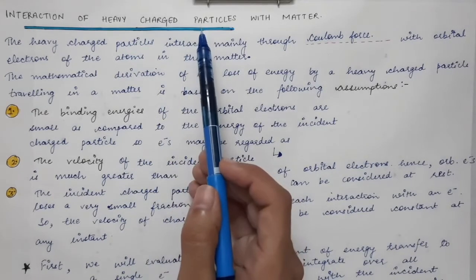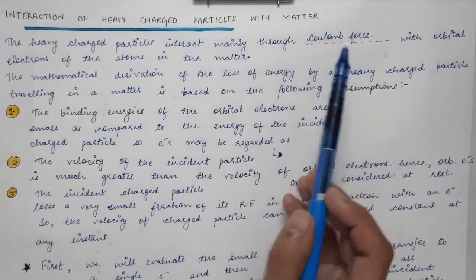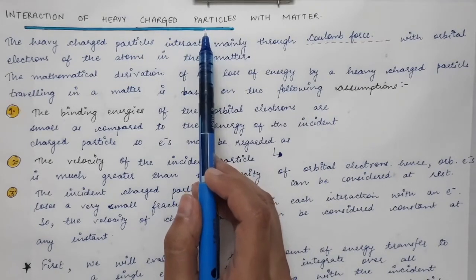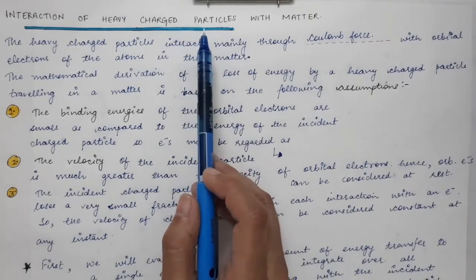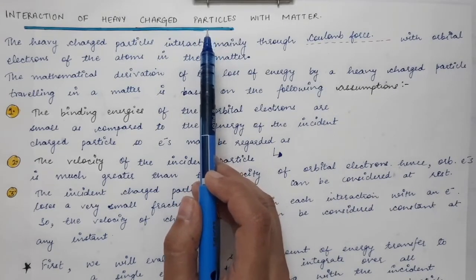Heavy charged particles interact via the Coulombic forces. They cause ionizations and excitations inside the medium in which they are traveling.